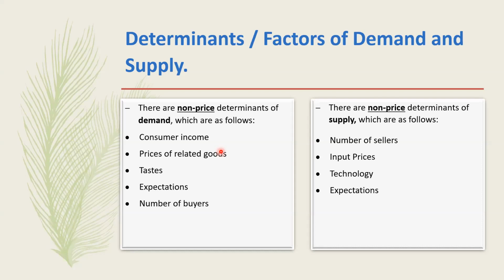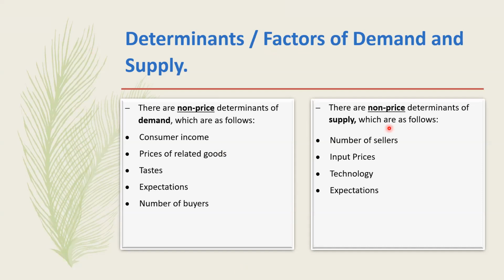And as a result, that would increase our demand. But again, you're looking at non-price factors. So these factors here on the left-hand side basically sum up these non-price determinants of demand. So you see it's either determinants or factors, same difference, right?